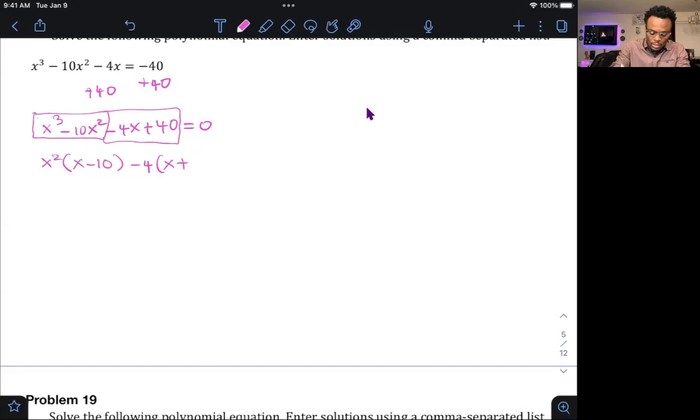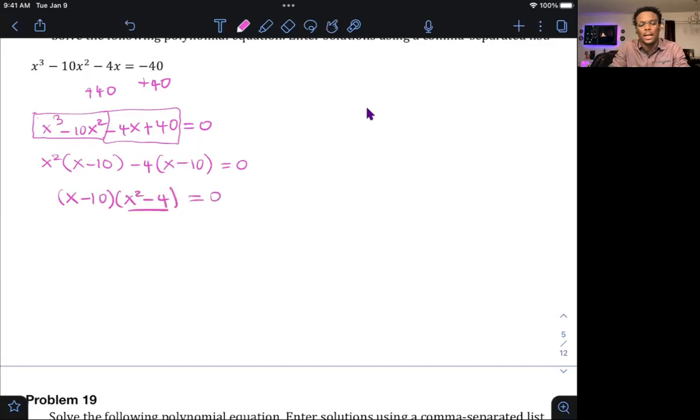Okay. So that's plus 40. And then that is x minus 10 equals 0. We refactor this: x minus 10 times x squared minus 4.